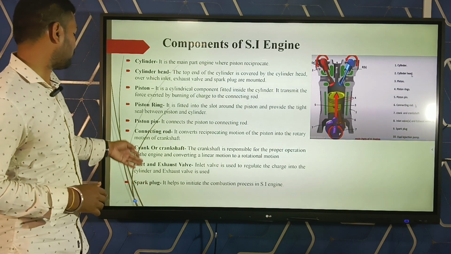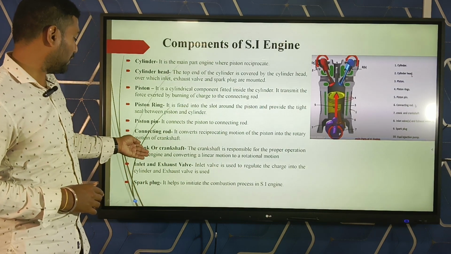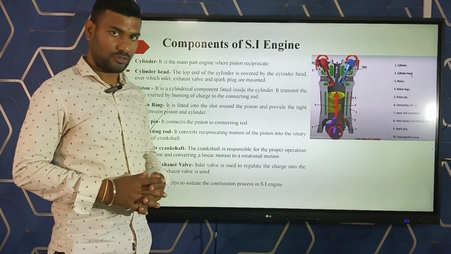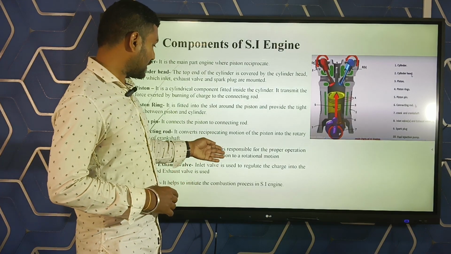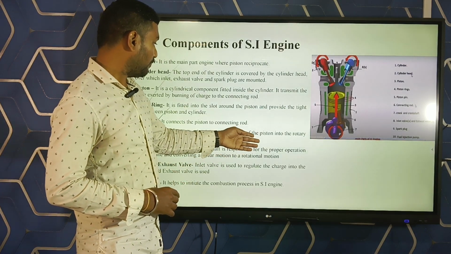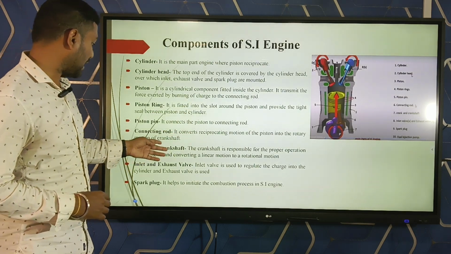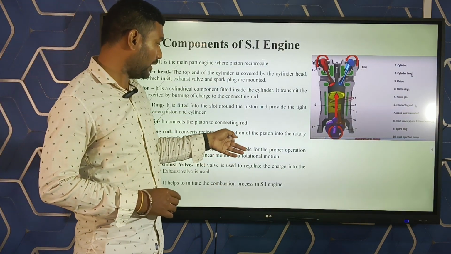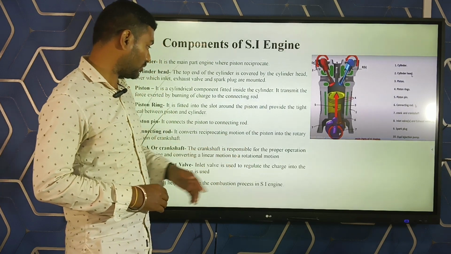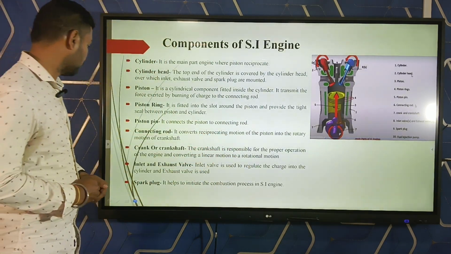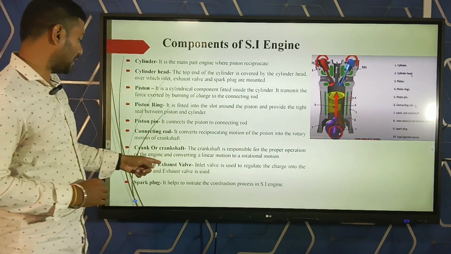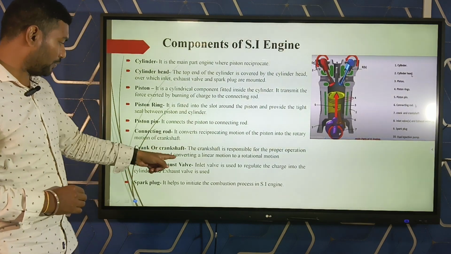Then next component is the crank or crankshaft. The crankshaft is responsible for the proper operation of the engine, converting linear motion to rotational motion. Then inlet and exhaust valve component.